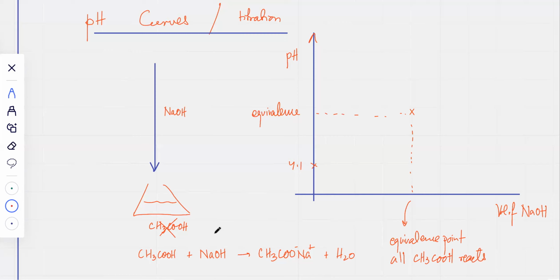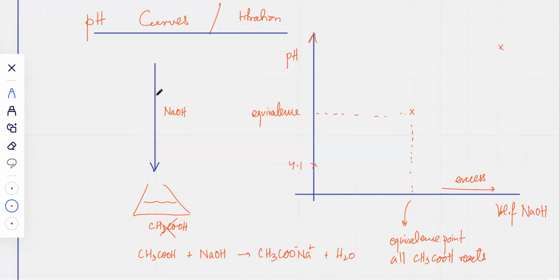And then if you don't stop the NaOH, then there's going to be excess of NaOH. Now there is no ethanoic acid to react with. So you keep adding this NaOH, the NaOH goes into excess, and the solution would become alkaline. So at the end, if you don't stop, the solution is going to turn alkaline.